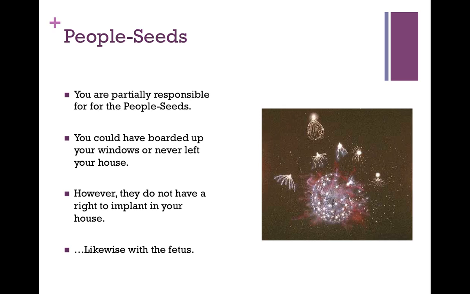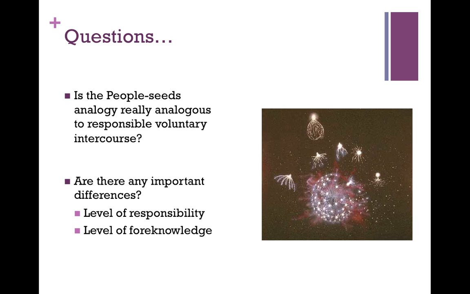And so here's what Thomson says, as we've been discussing. Now, the question I have is, does this people seeds analogy really hold? Or are there any kinds of differences between the people seeds and consensual sex? I mean, that after all is what the people seeds example is really supposed to be showing here, that it's supposed to be an analogy for consensual protected sex.